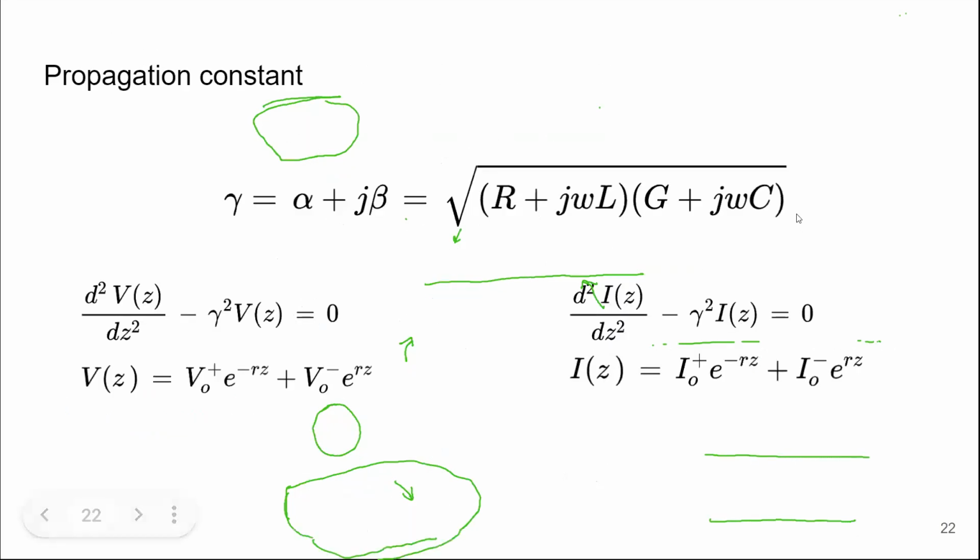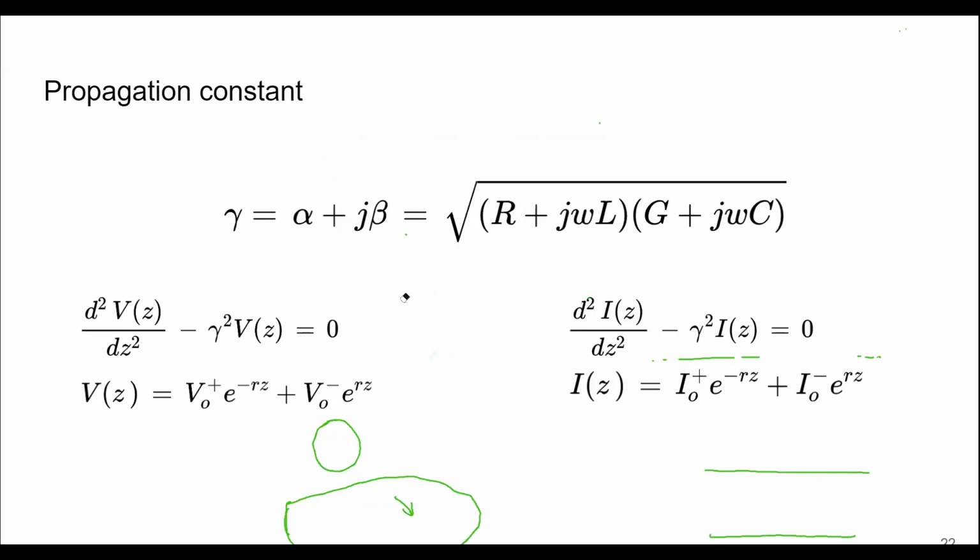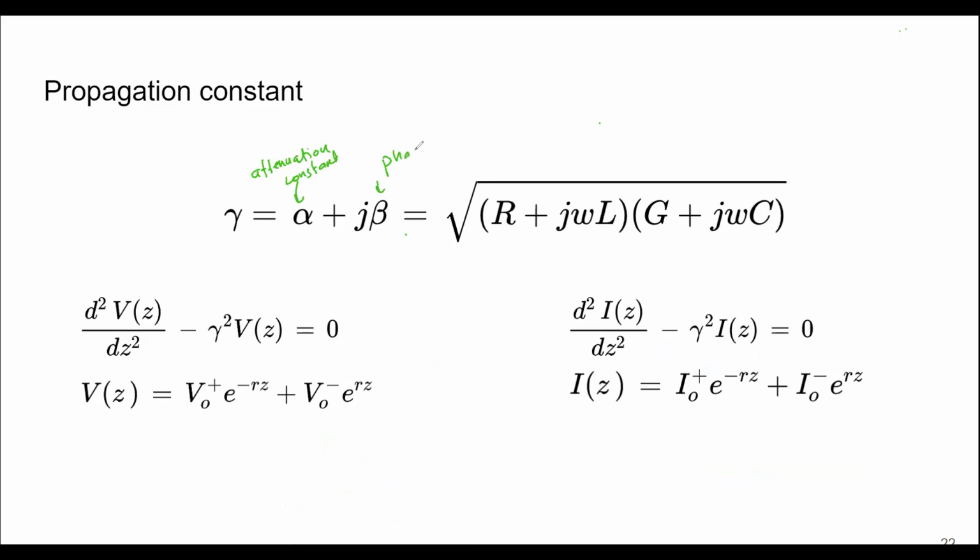Then we have the definition of gamma in terms of the parameters alpha and beta. We define the alpha parameter as the attenuation constant, and we define beta as the phase constant.